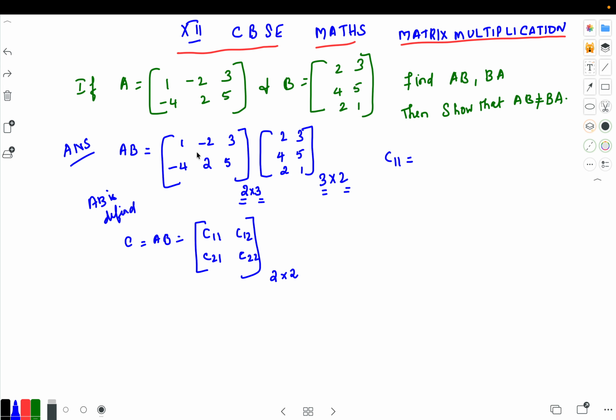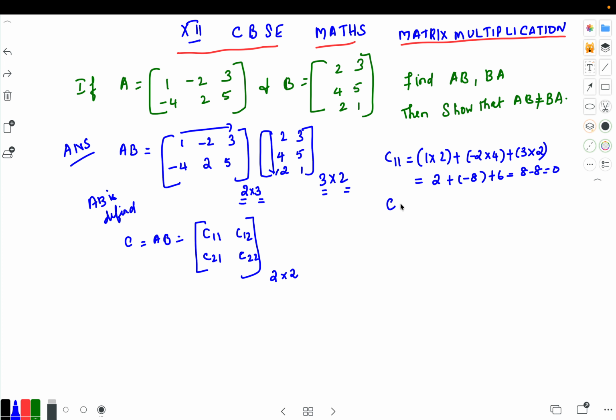Now let us work out C11. C11 is the sum of the products of the first row with the first column, that is 1 into 2 plus minus 2 into 4 plus 3 into 2, which is 2 minus 8 plus 6, that is 8 minus 8, that is 0.